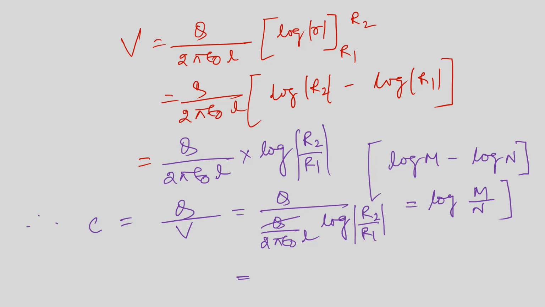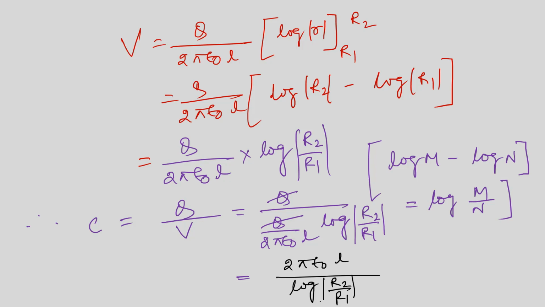In this case, the Q will get cancelled out, and the final expression I will get is 2 pi epsilon naught multiplied by L divided by log of R2 divided by R1, with the mod. So this is the final expression whenever we are discussing a cylindrical plate capacitor.